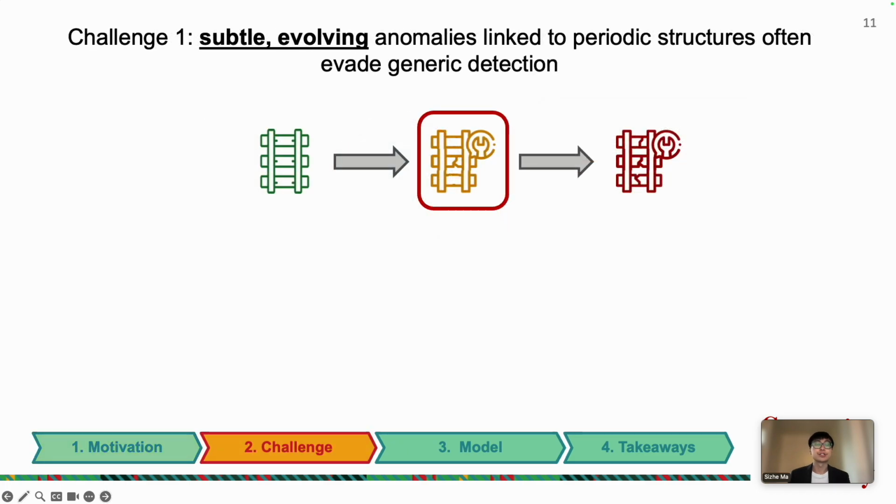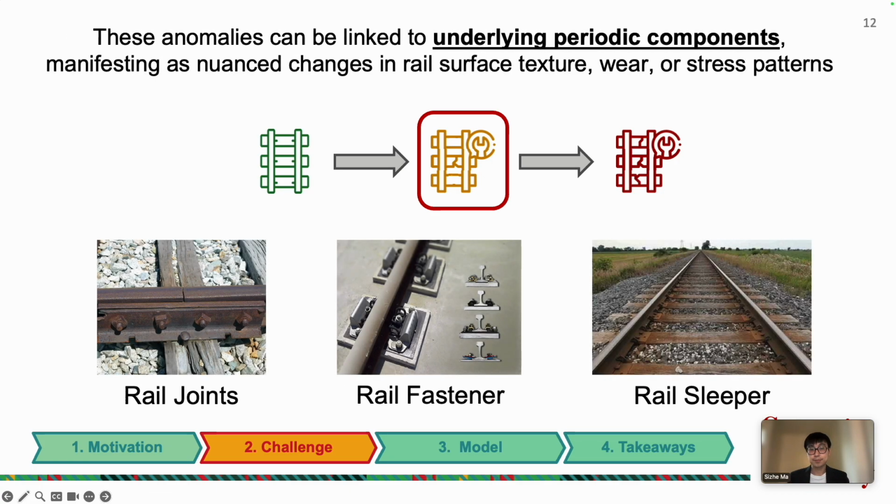The first research challenge is detecting subtle, evolving anomalies. These are often linked to the track's periodic structures and can often evade generic detection methods.